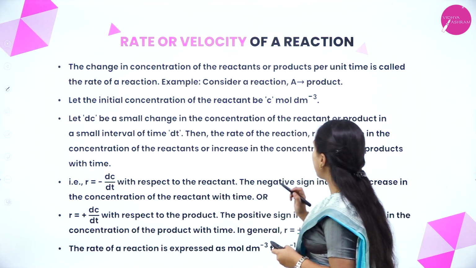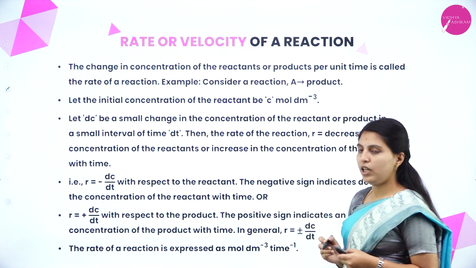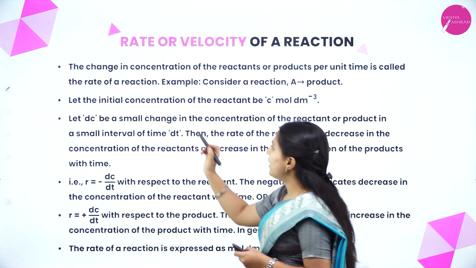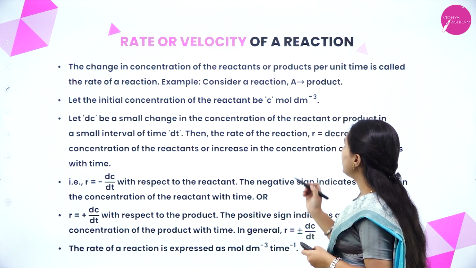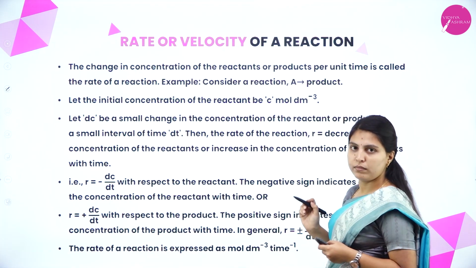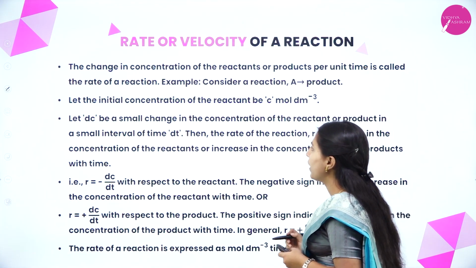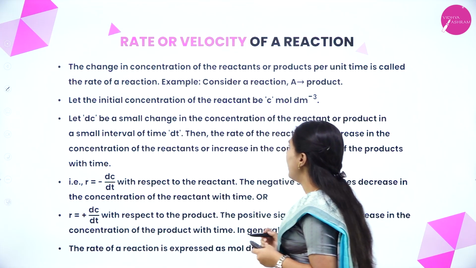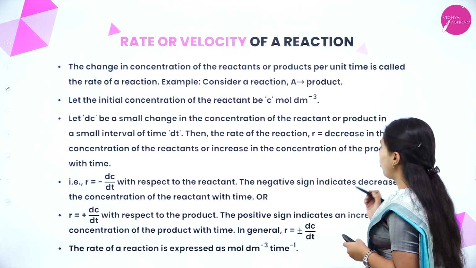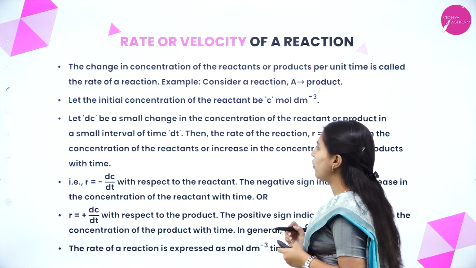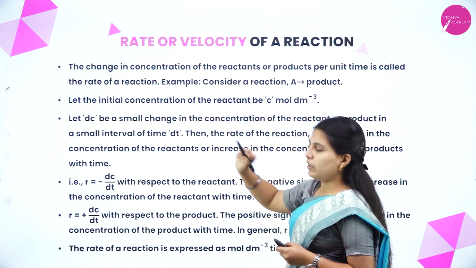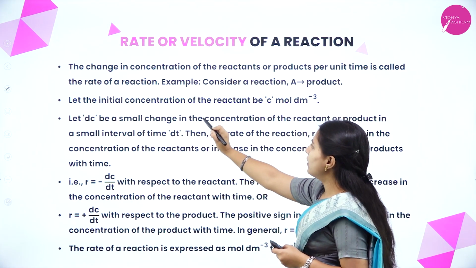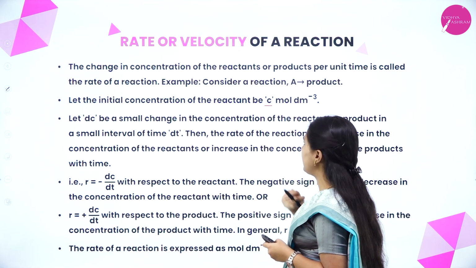Example, consider a reaction where A is going to form a product. Let the initial concentration of the reactant be C mole per dm cube. Let dC be the small change in the concentration of the reactant or product in a small interval of time.